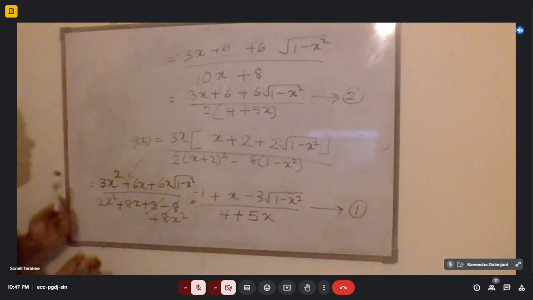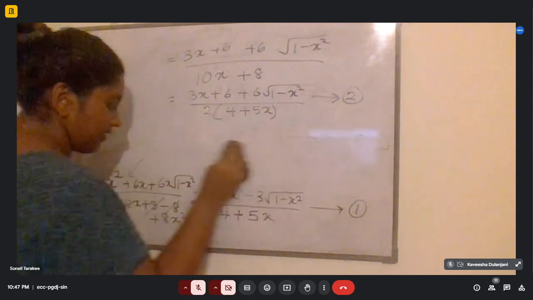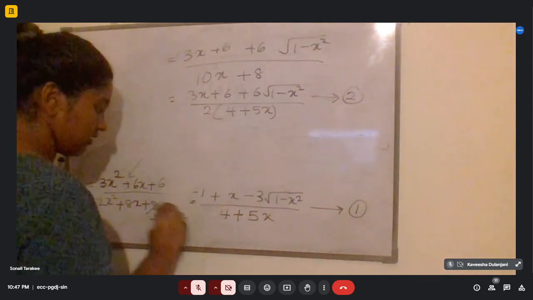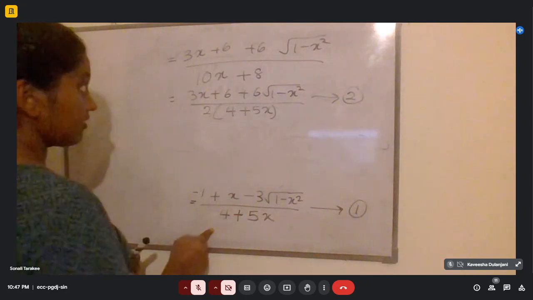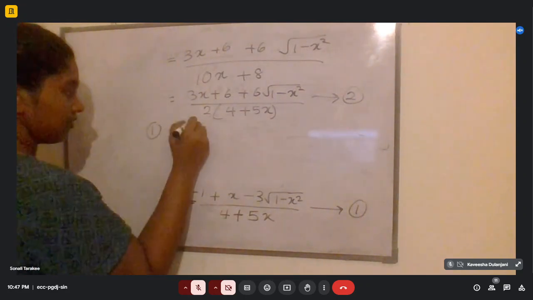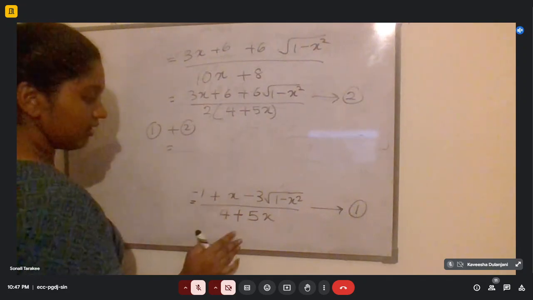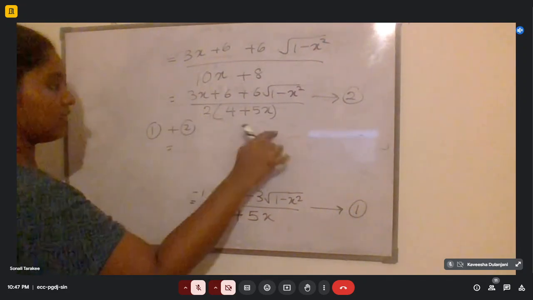Now what we have to find is f(x) plus g(x) should be a constant. Now this is f(x), this is g(x). Let's add those two, 1 plus 2. Here denominator is 4 plus 5x. Here 2 times 4 plus 5x.